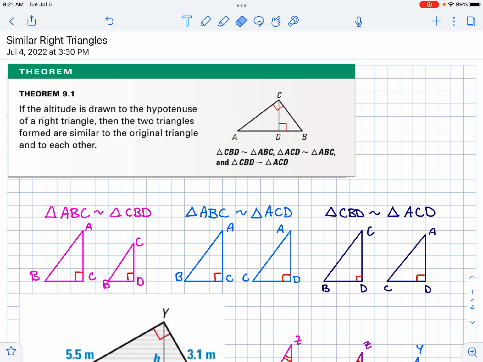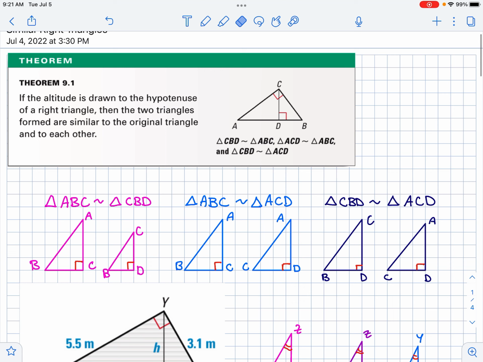Now, we can also show this by angle-angle because notice they both have right angles. But also, dig this, this angle right here and this angle right here are both complementary to this angle. In other words, we have two angles that are complementary to the same angle. That makes them congruent to each other.